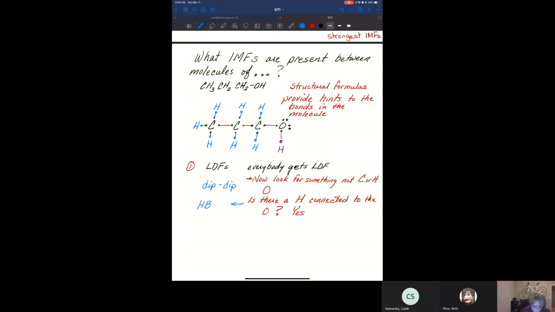So the first one, I give everybody London dispersion. Then I start looking for something that is not carbon or hydrogen. I have oxygen. At this point in time, I could just say this means it's polar.